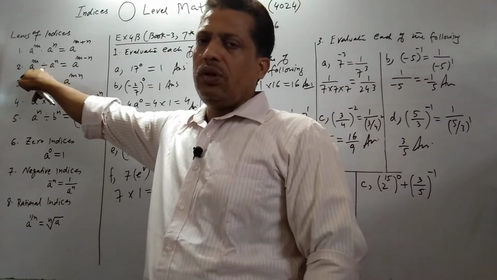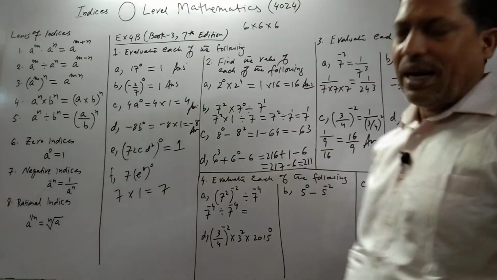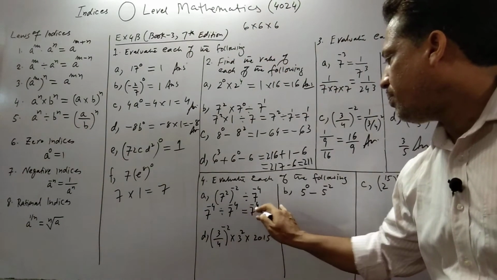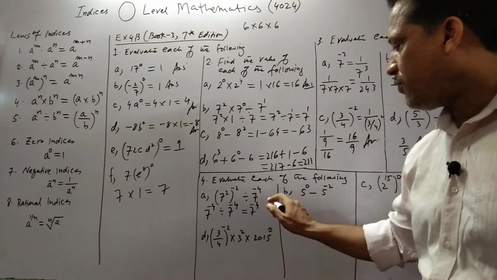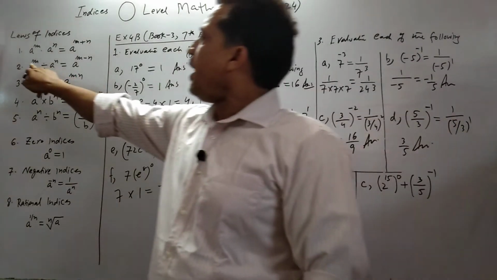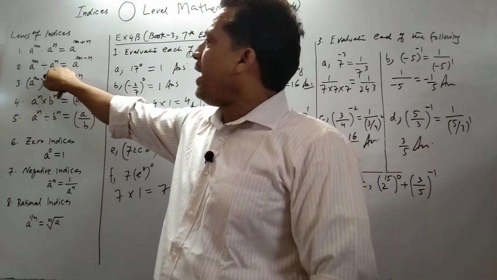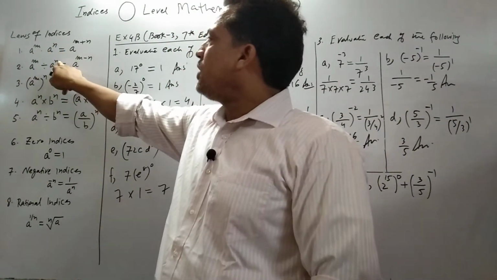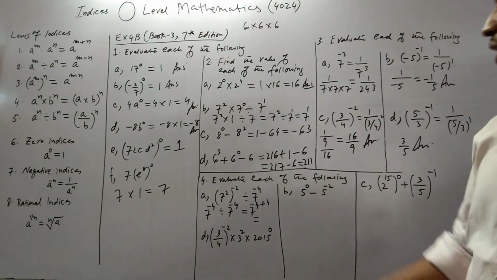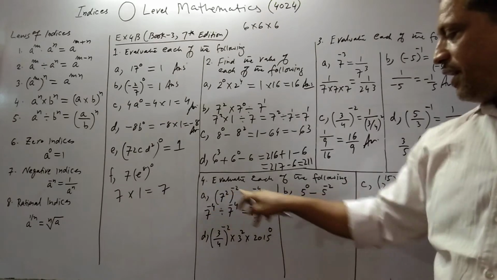Law number 2. If two same bases are divided, then their powers will be subtracted. Minus 4 and this minus 4 becomes plus 4, because a to the power n divided by a to the power positive n, so this positive n becomes negative n.